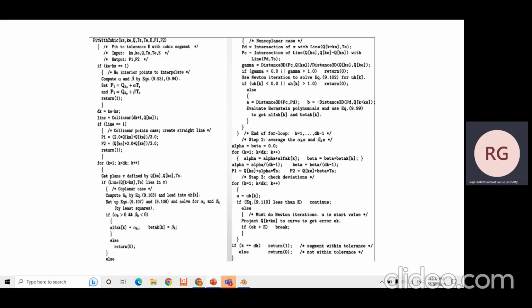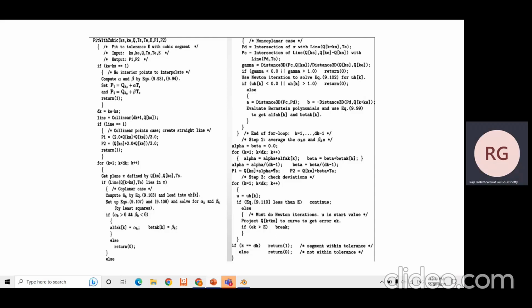The function here first checks if there are no interior points to interpolate, that is Ke minus Ks is equal to 1, in which case it computes the control points P1 and P2 directly using the equations above. If the points are collinear, that is line is 1, then the function creates a straight line using the midpoint of the segment.